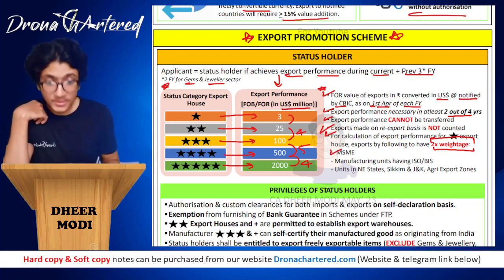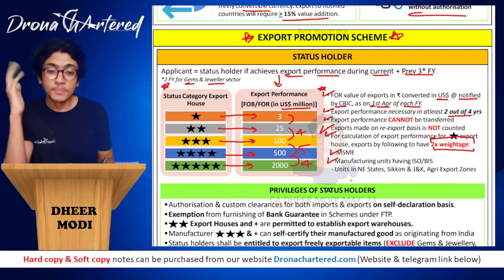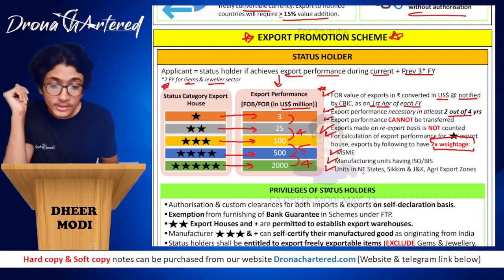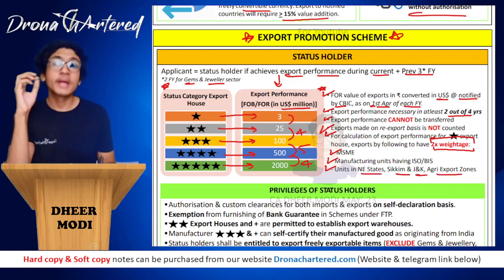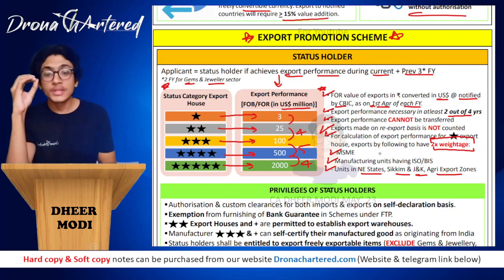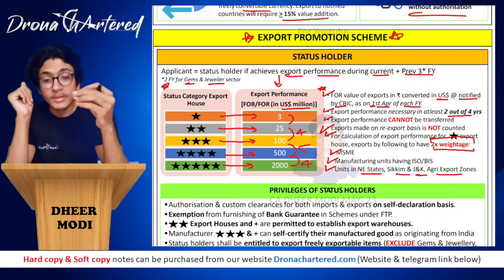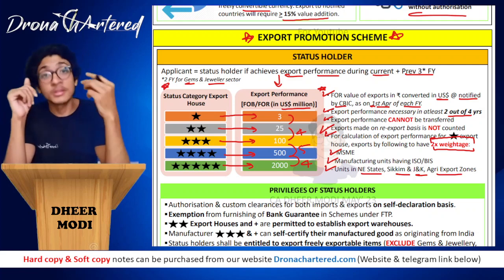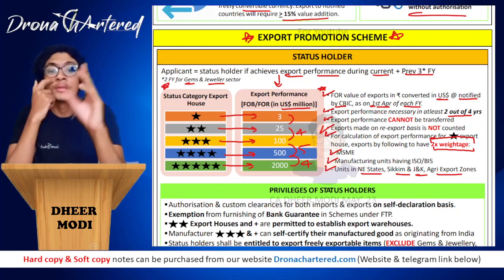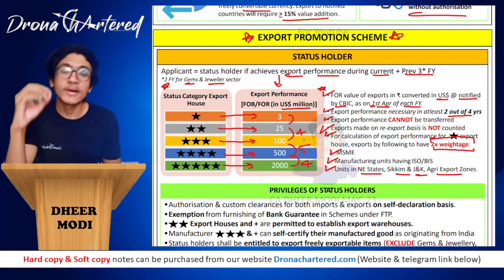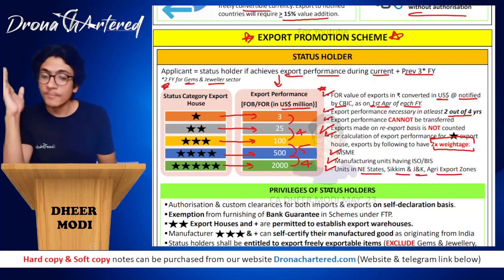This applies if it is an MSME, a manufacturing unit having ISO or BIS, and units in the northeastern states, Sikkim, Jammu and Kashmir, and any agri export zone. If any of these 3 are exporting, the weightage will be double. If you sell goods for $100, we will consider it $200 while calculating the number of stars.